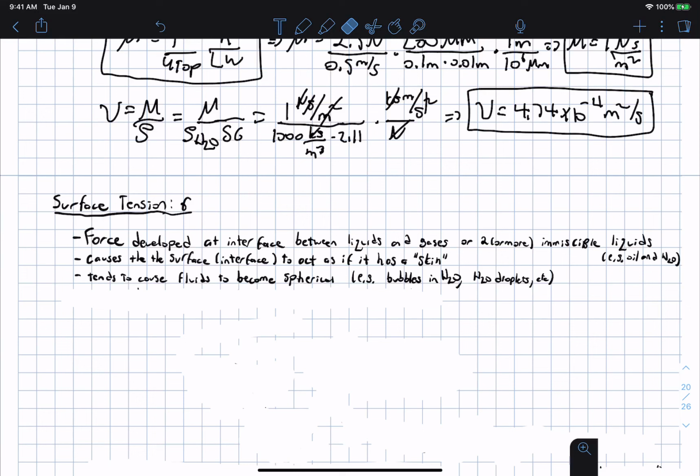It's what causes bubbles to look like little spheres. It's what causes raindrops to look like what they are, and well, that's in combination with aerodynamic forces, things like that. And it's caused by an imbalance of forces at the surface of a liquid at the molecular level.